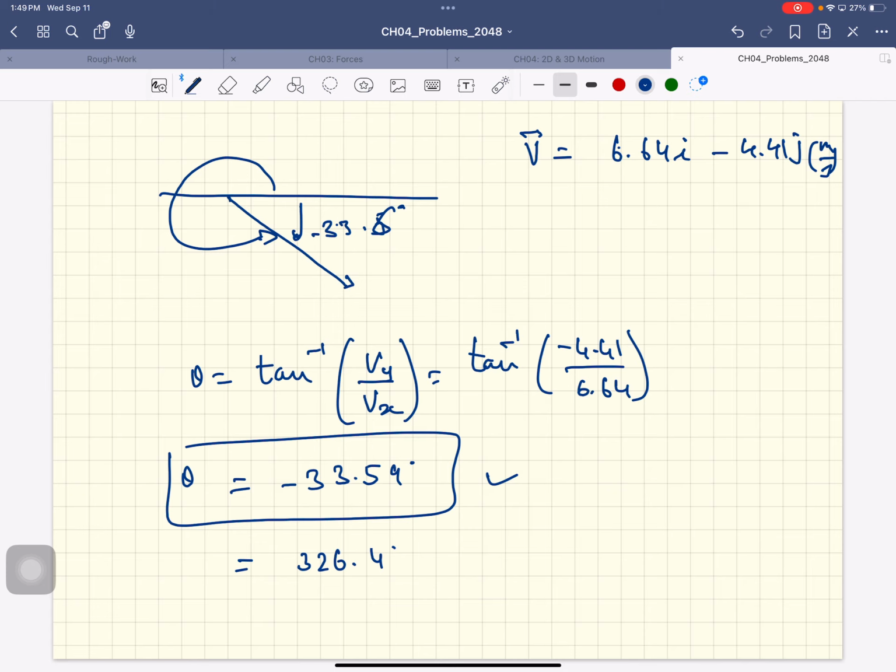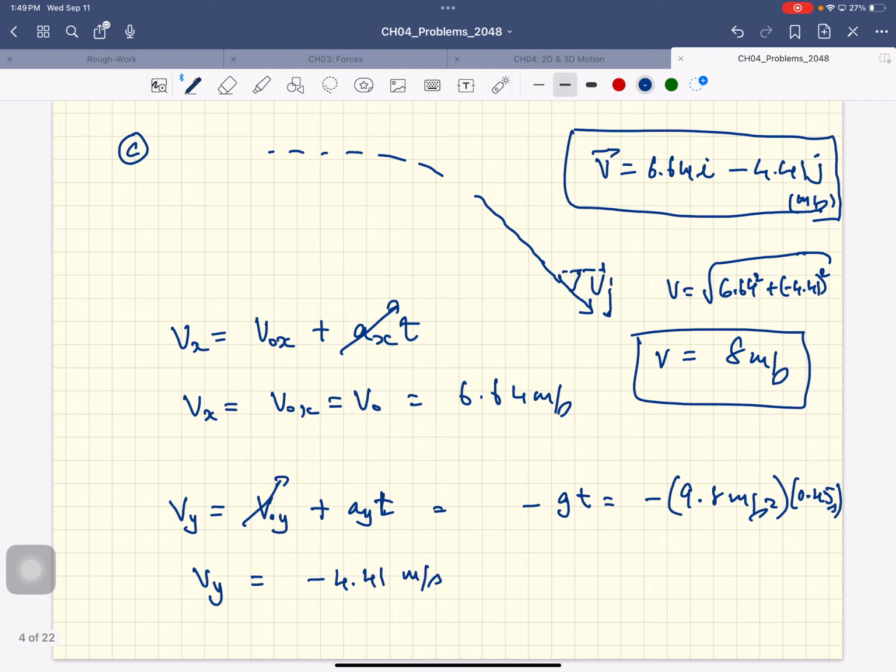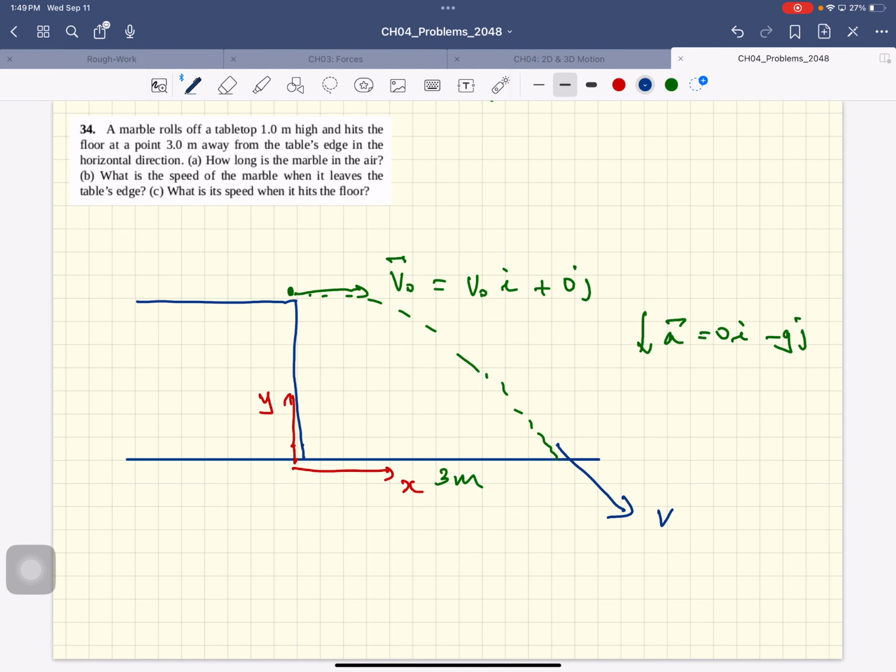Okay, so whenever you see those two-dimensional problems, the first thing you want to do is set up your coordinate system, write down your initial velocity, write down your acceleration before you do anything, okay? And then the y motion will give you the time of flight, and the x motion will be related to the initial velocity, okay?